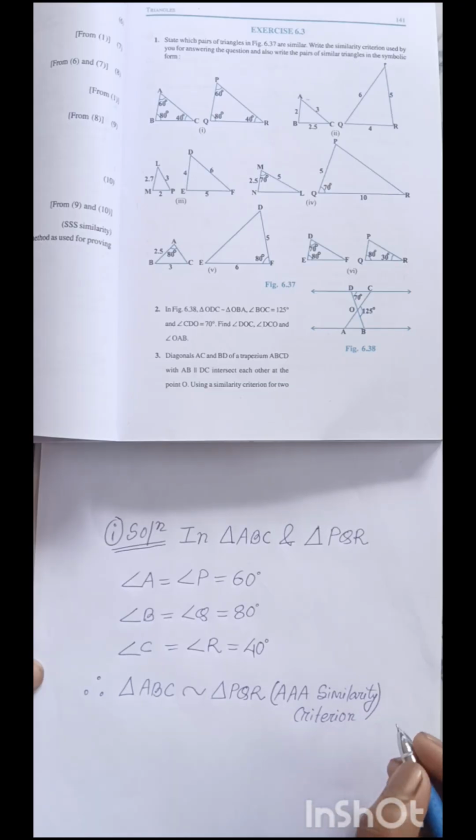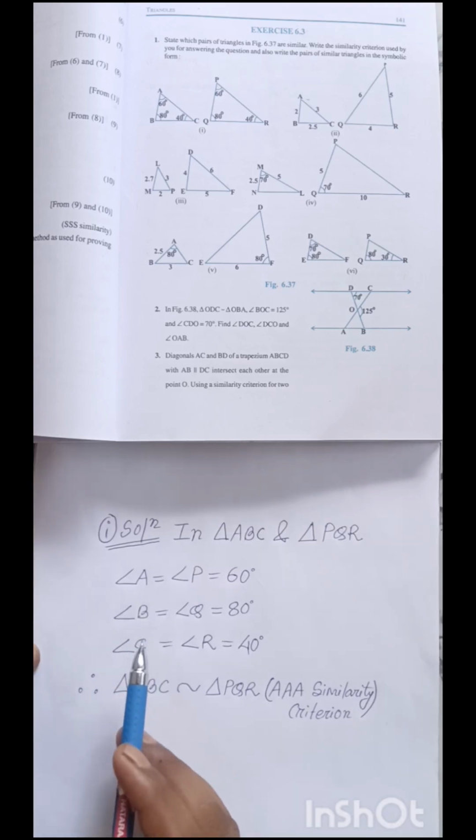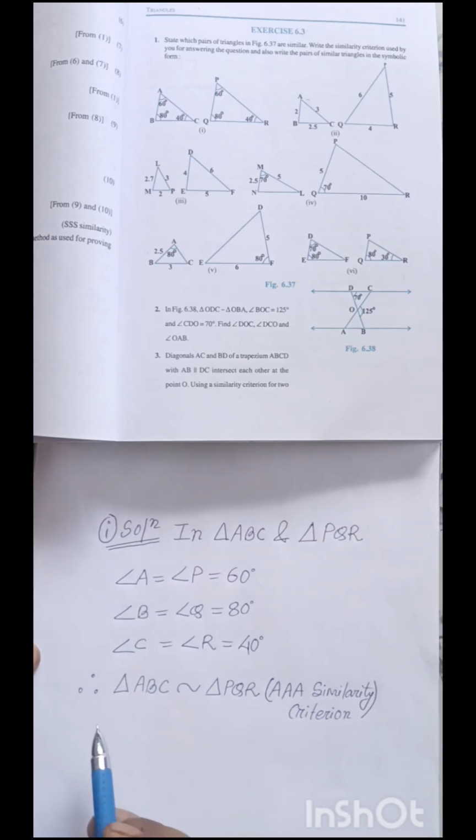So based on these angles I can say triangle ABC is similar to triangle PQR by angle similarity criterion. Now we will solve question number 2.